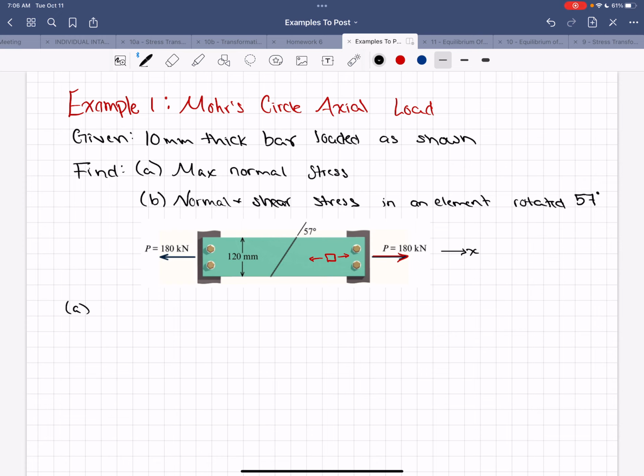So to solve this, we just do what we did in chapter 1, and we have sigma max equals P over A. Our P is 180 kilonewtons. I'm going to change that to newtons. So I have 180,000 newtons over our area, which is the width of 120 millimeters times the thickness, which is 10 millimeters.